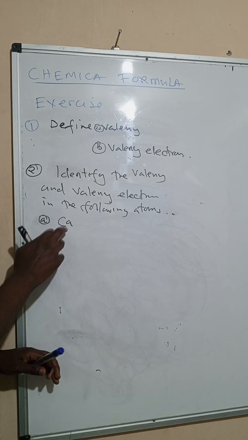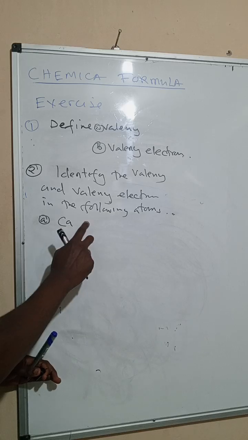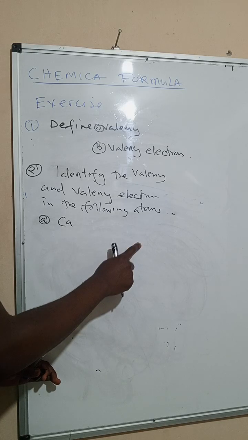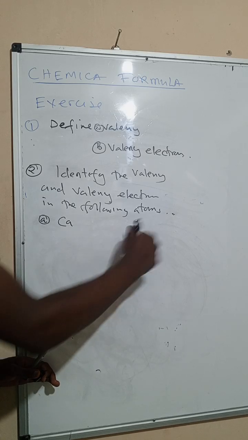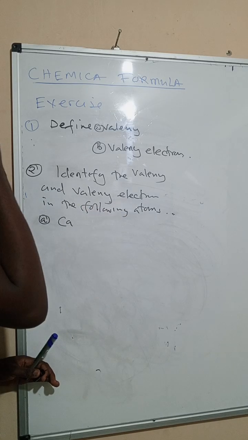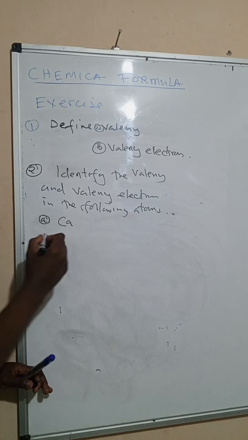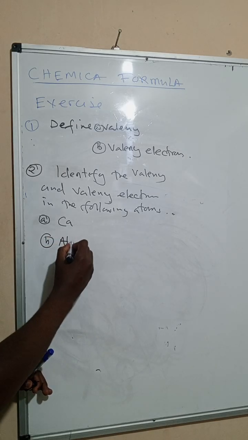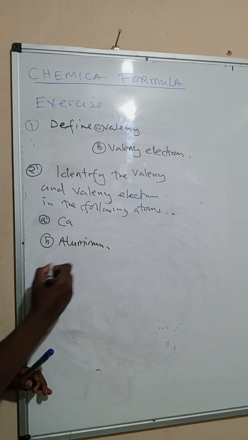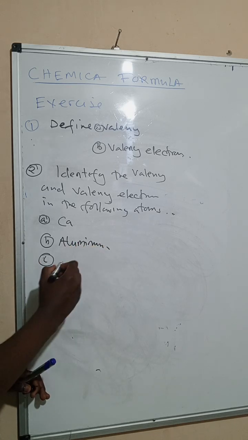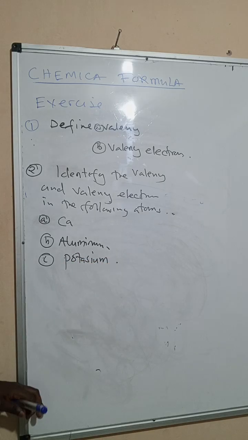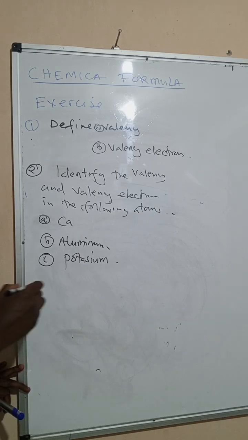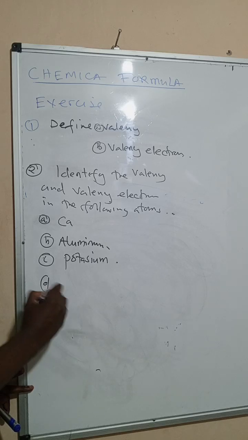I taught you how to find the valence in calcium, right? You first write the EC, the electronic configuration, then you select the last part. If the valence is 1, you write 1 is the valence. You circle the last part. So A. Calcium, B. Aluminium, C. Potassium, D. Phosphorus.